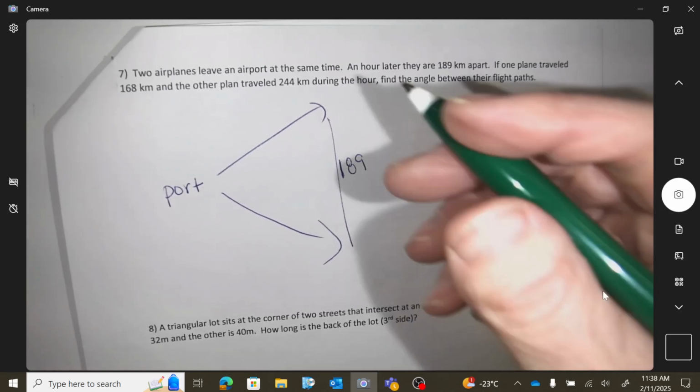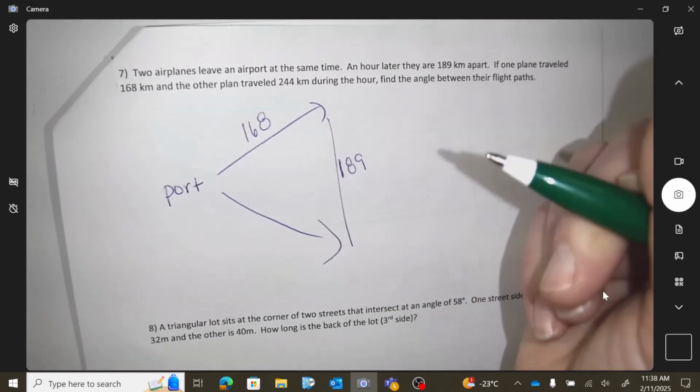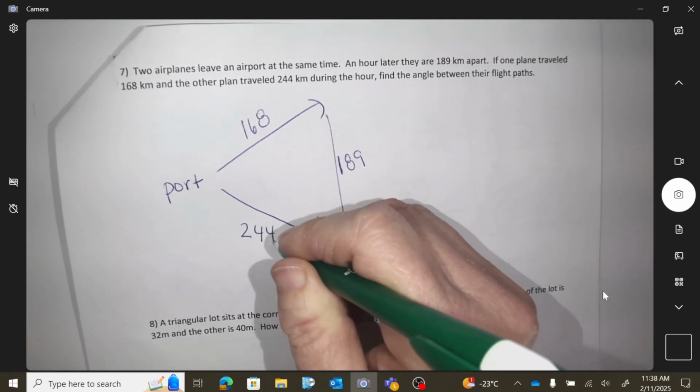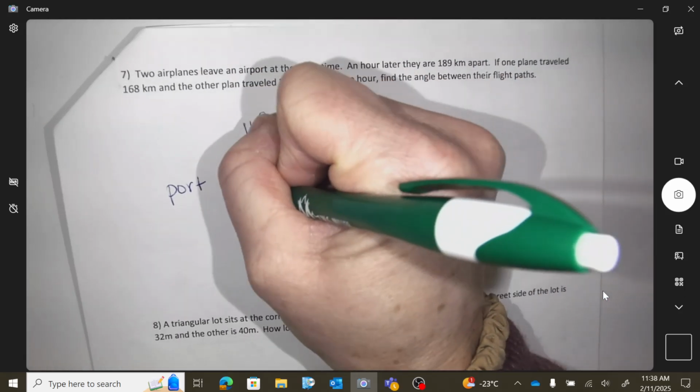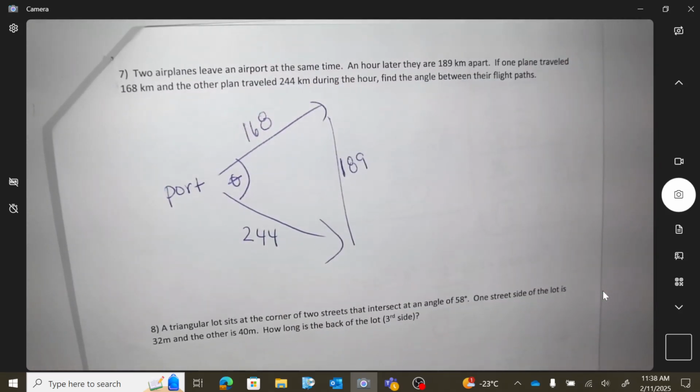One plane went 168, the other went 244. Figure out the angle between their flight paths.